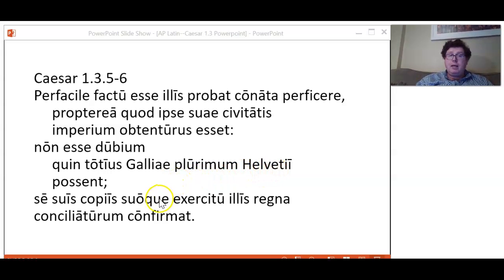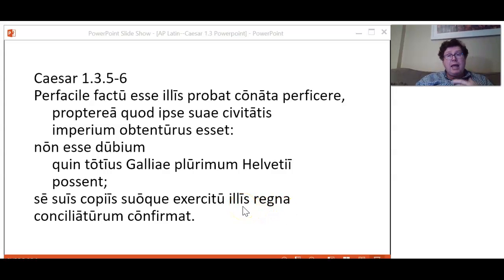Now we're going to move on. We're going to have a new verb here, confirmat. He confirms that he, se, is referring to Orgetorix, with his own resources, or troops, copiis can also mean troops, and with his own army, will conciliate, will reconcile, the kingdoms to those men.